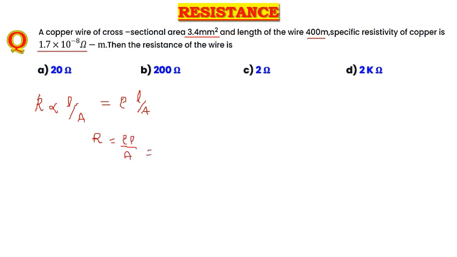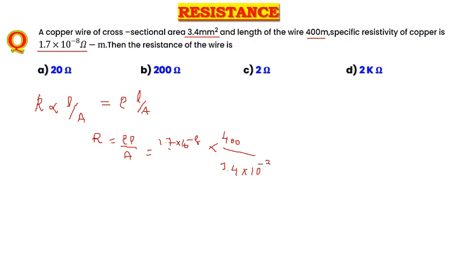Here, rho is the resistivity. Already they have given the value, that is 1.7 into 10 power minus 8. Then the length of the wire, already given, is 400, divided by the area of cross section they have given, that is 3.4 into millimeter square.